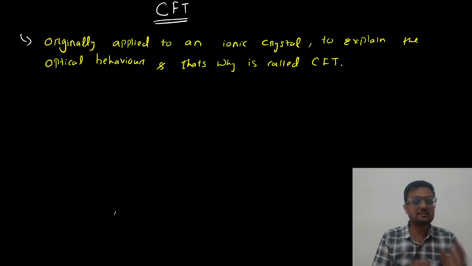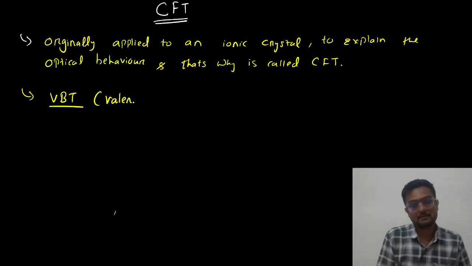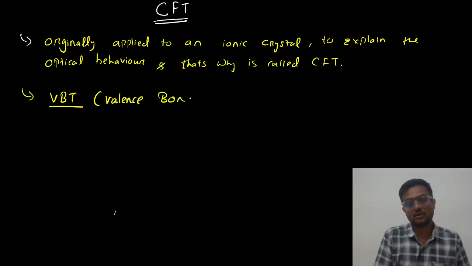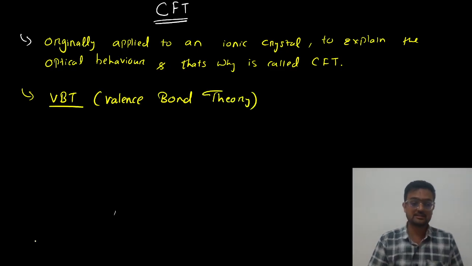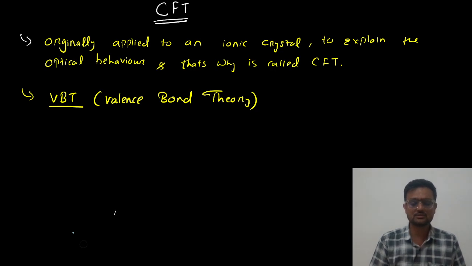Before CFT we studied a theory, I hope you all remember, that was VBT, valence bond theory. This is the theory which we studied before crystal field theory. Now, what's the difference between these two theories?